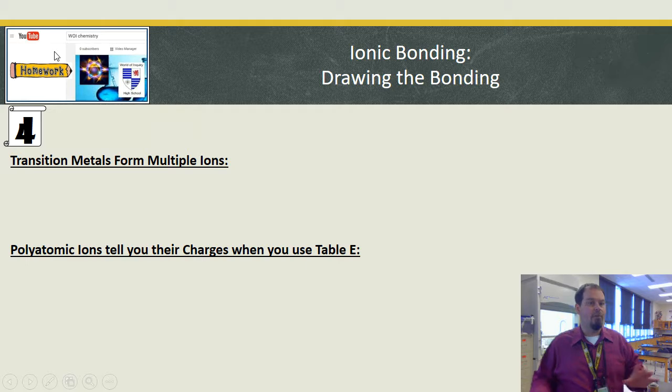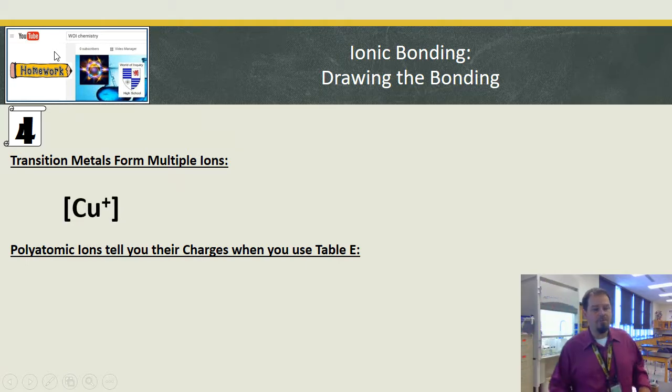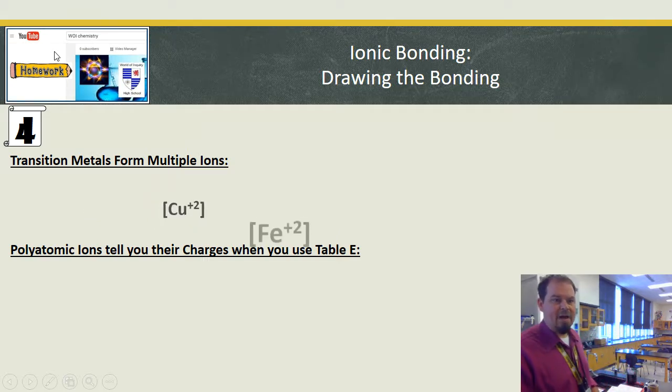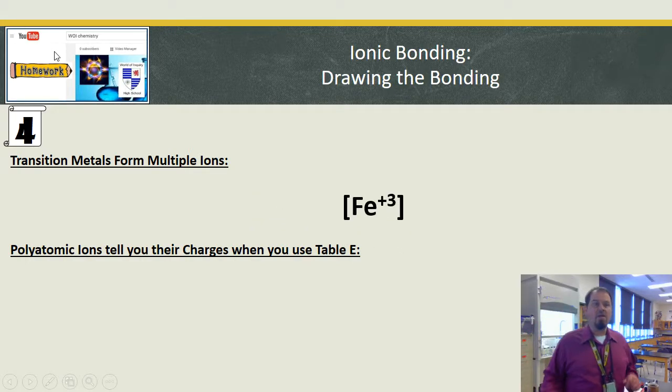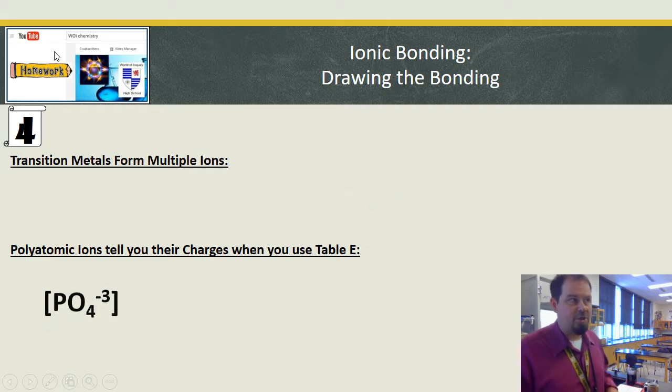Transition metals form multiple ions. So here's fun. I can have copper +1. I can have copper +2. Iron +2 or iron +3. Those I have to look up, and I'm going to teach you in class how to use the charge cancellation to make sure.